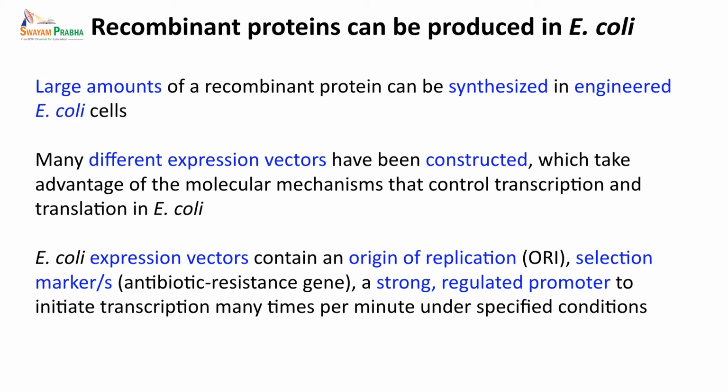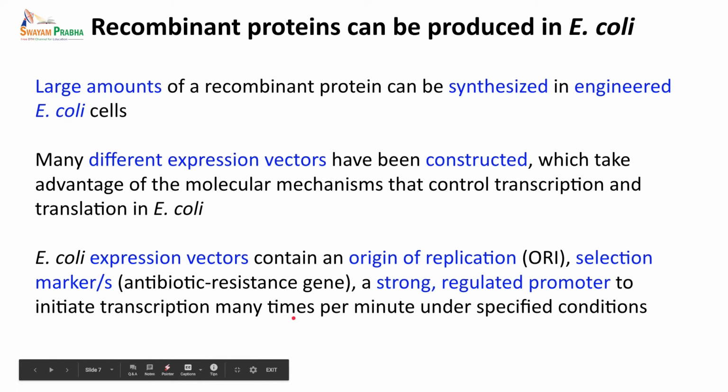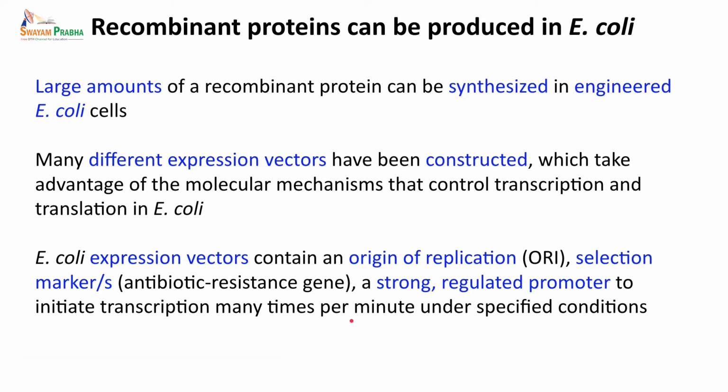But for producing the protein from the plasmid vector, other than the origin of replication and the selection marker, we also need a strong and a regulatable promoter, so that we can induce the protein expression whenever we desire. So this strong and regulated promoter is very important, so that it can initiate the transcription many times per minute under whatever specific conditions are suitable for its induction.